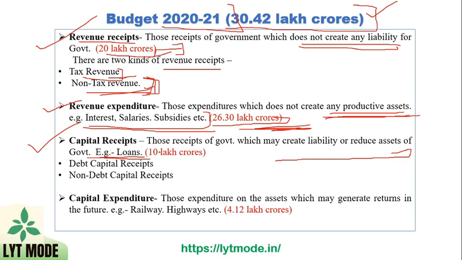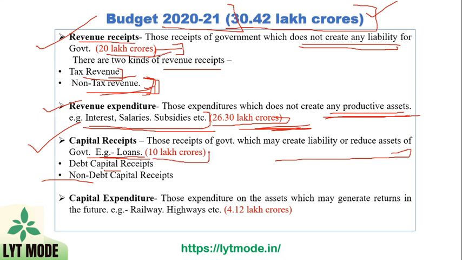There are two types of capital receipt. The first is debt capital receipt and the second is non-debt capital receipt. Debt capital receipt is like borrowing from the World Bank, ADB, and non-debt capital receipt is disinvestment. If the government is selling an asset, it comes under disinvestment.